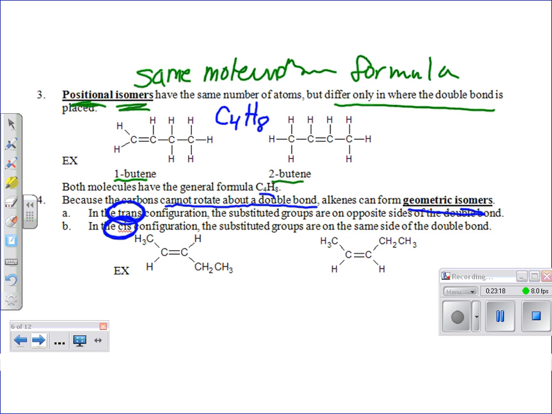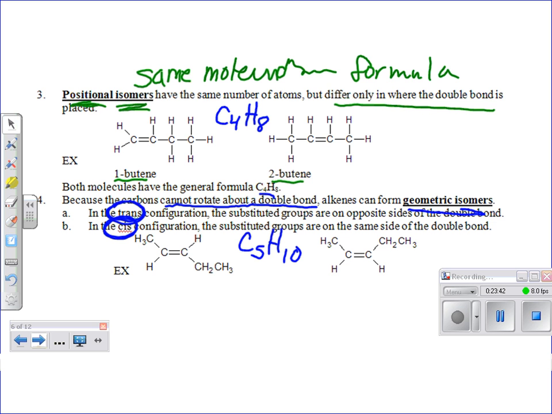So in this first example, let's just go through and write our molecular formula. 1, 2, 3, 4, 5. So you've got C5, and then 3, 4, 5, 6, 7, 8, 9, 10. Okay, just wanted to check. So in both cases, you have that as your molecular formula.